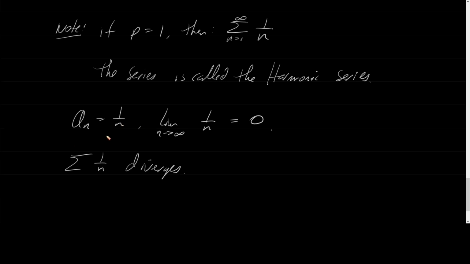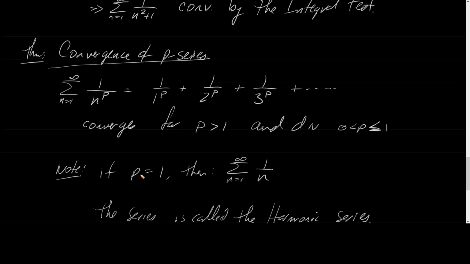This is a prime example of a sequence going to 0, but the series diverging. It's a divergent series. So now we know that the harmonic series is a divergent series because of the integral test, and the integral test brought about this P series, the convergence of P series.